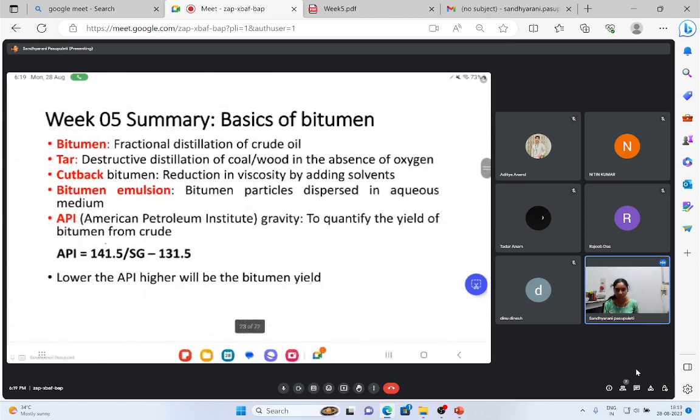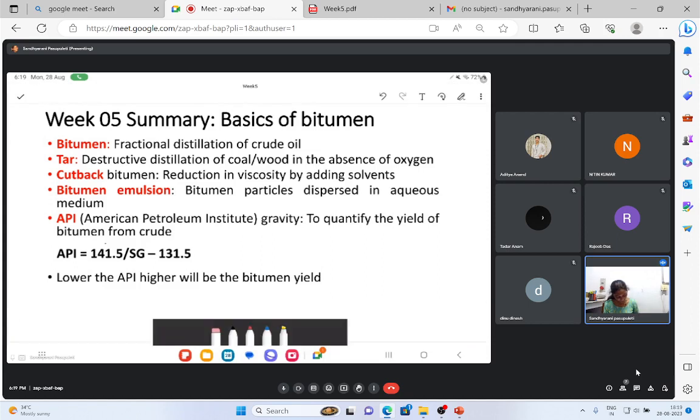And if we come to the week 5 summary, in this week 5 lessons, we have touched upon the basics of the bitumen, what is the chemistry of the bitumen, and what are the physical properties that need to be investigated before selecting the bitumen into the asphalt mixture pavement design. So there are different types of bitumen. Basically, what we call bitumen is usually obtained from the fractional distillation of crude oil.